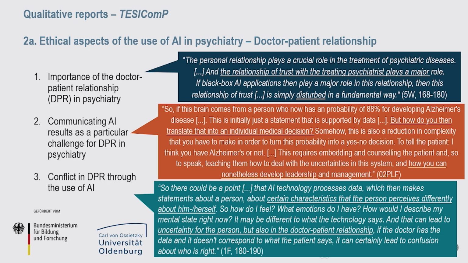And the last sentence: how to actually keep the leadership as a medical doctor to say, that's what the AI tells me, that's what the other types of assessments tell me. How do we integrate this information into a specific decision for the medical doctors, and how can they responsibly use this AI tool?